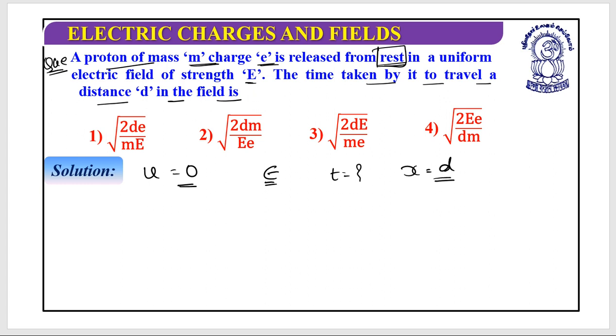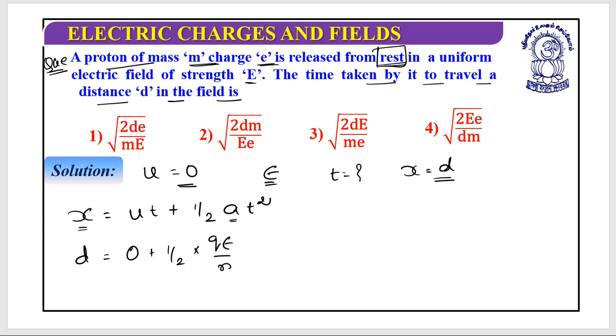So what can I do? Can I write like this? x equals ut plus half at square. My x would be d, u is 0, plus half. Now I know that I can replace a with qE by m.